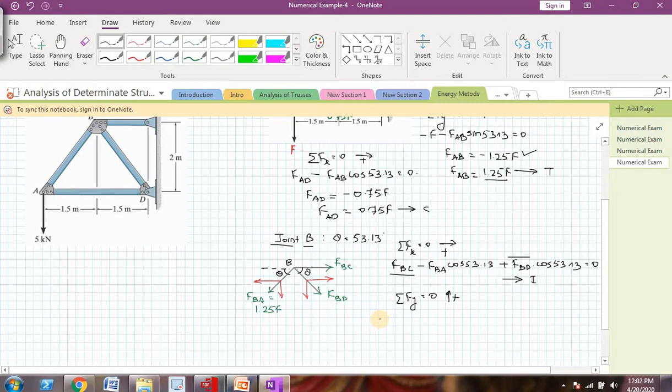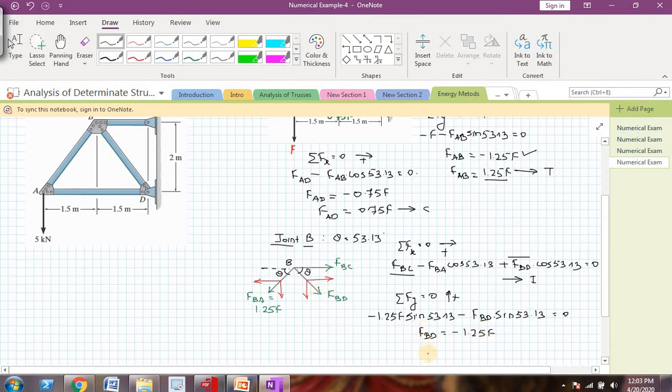Next I will apply that equation: minus 1.25 F, that is because of FBA, into sine of 53.13, minus FBD into sine of 53.13 equal to 0. And now I can solve this to get the value of FBD as minus 1.25 F.